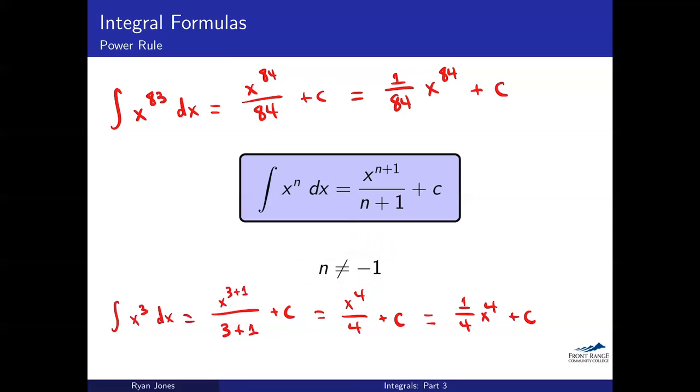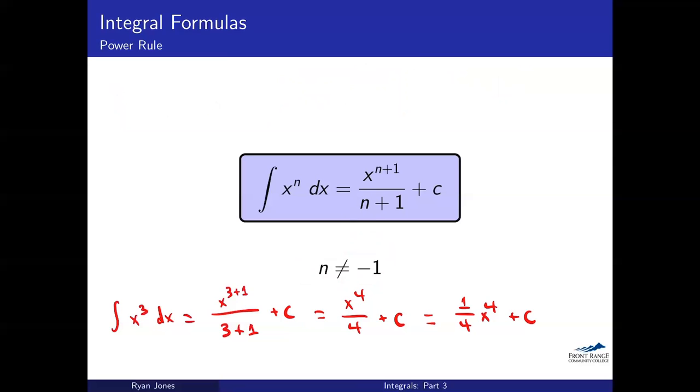Let's do an example here, and I'll erase this top example just to keep it all on the same page so that we can see this formula. Let's do 1 over x cubed right here. What we can do, and we've done this same thing with derivatives, is before taking the integral, rewrite the function as x to the -3.